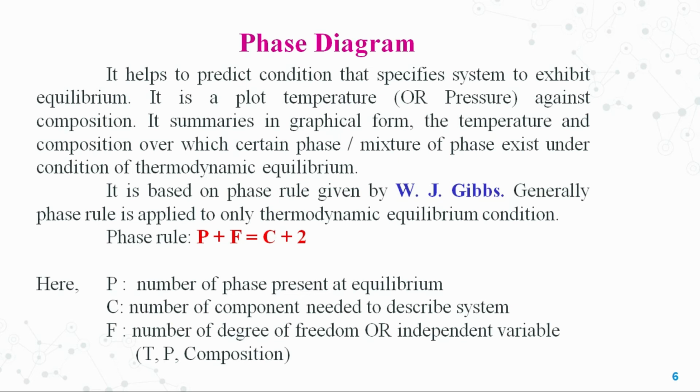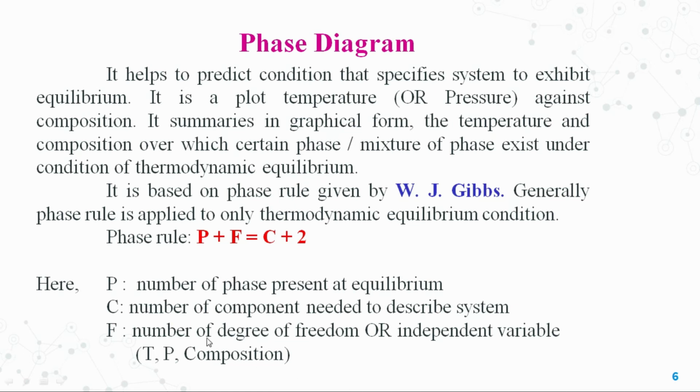The phase rule given by Gibbs is P plus F equal to C plus 2, where P is the number of phases present at equilibrium. And as we know, a phase is a homogeneous and physically distinct part of a system which is bounded by a surface and mechanically separated from other parts of the system.